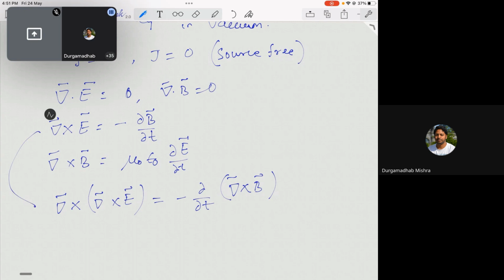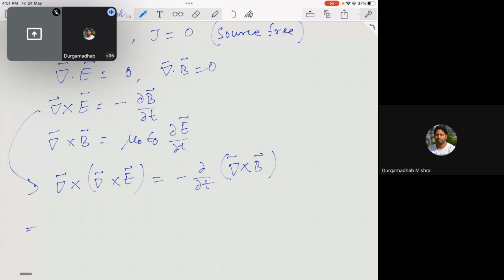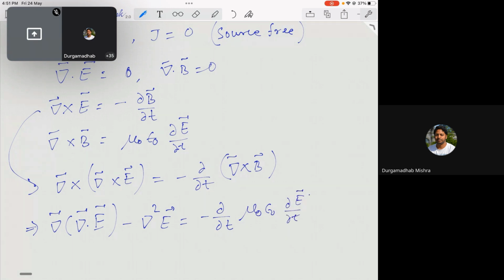So I am taking the curl of this equation. You can use a vector identity where the curl of the curl of a vector would be the gradient of del dot E minus del square E, and the right hand side is the curl of B, which is simply mu naught epsilon naught del E by del t.